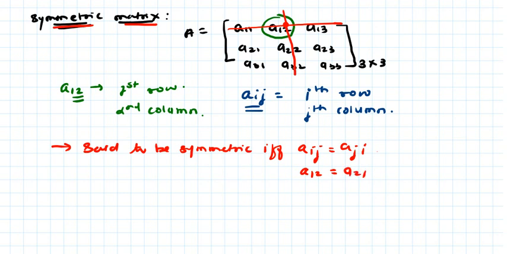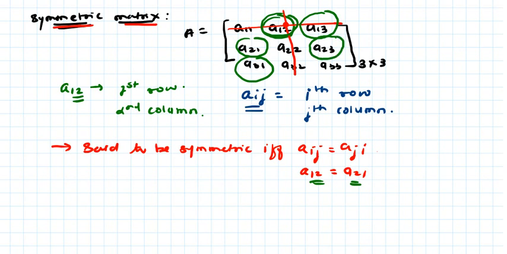In this matrix, A12 is here and A21 is here. If both entries are equal, then this matrix will be called a symmetric matrix. Not only for A12, for A13 also, if this value equals this value, then it will be symmetric. Again, A23 should be equal to A32.